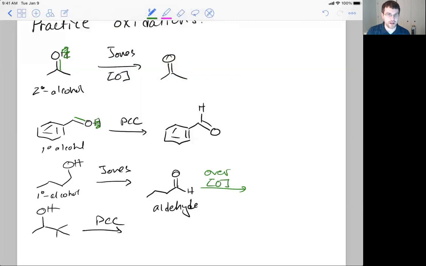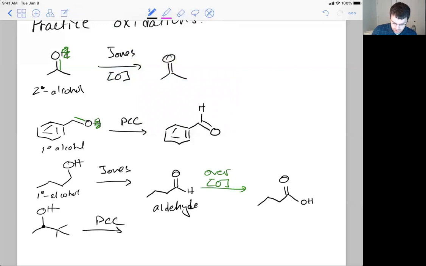That is, the aldehyde will continue to react with the Jones oxidant to give rise to a product where the aldehyde is now replaced with a carboxylic acid. We've squeezed in an additional oxygen. So first step, removing hydrogens, that's an oxidation process. Second step, adding oxygens, that's also an oxidation process, excuse me.